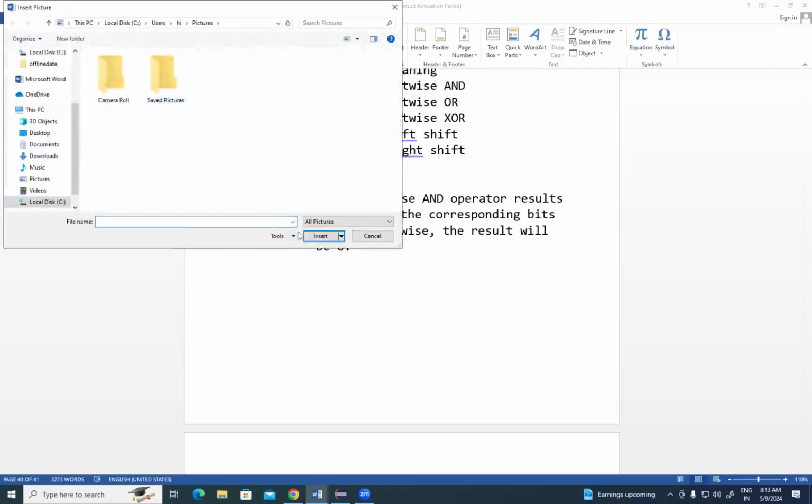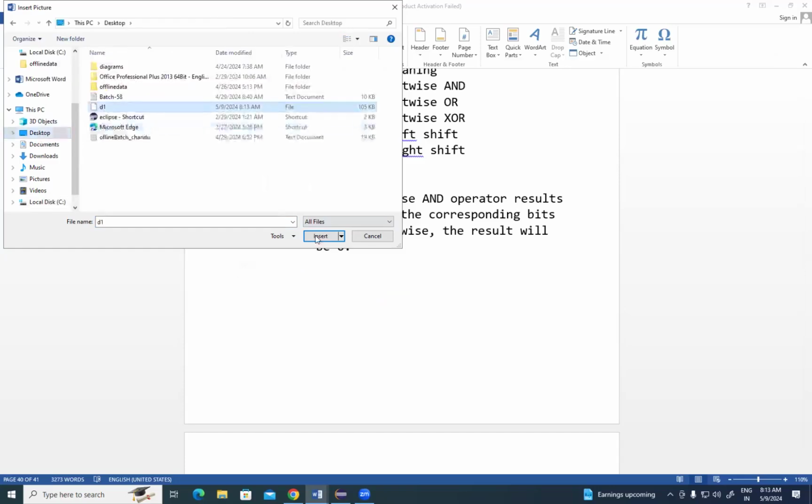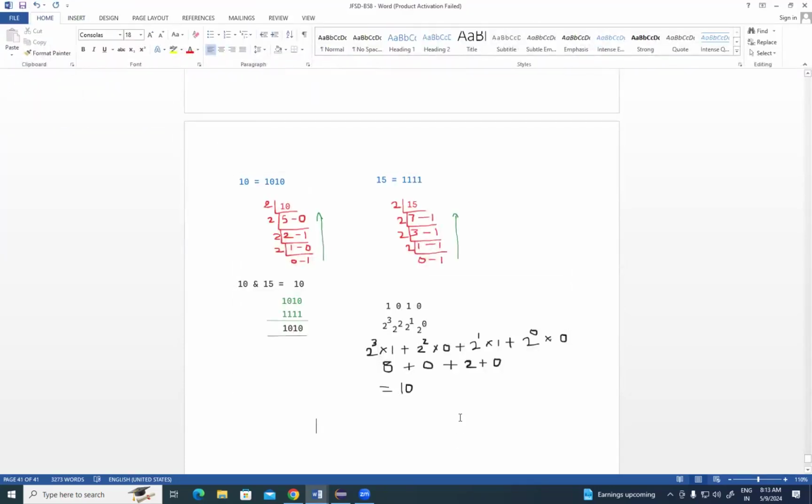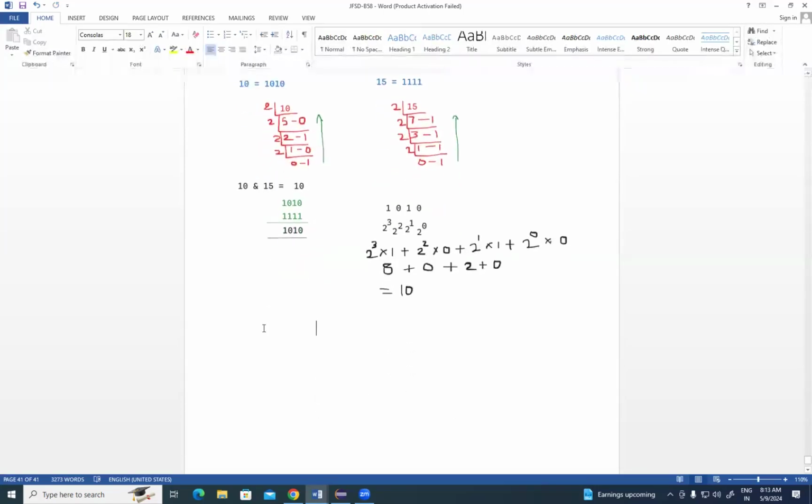So first I would like to insert this picture into this document so that you people can understand it. Whatever I've explained there, all these also I kept into our document. This document will contain everything, examples, class notes, explanations, whatever I'm giving, everything will come into one document only.